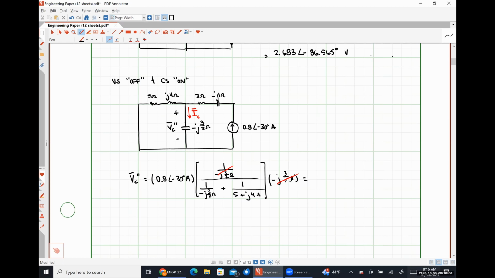I get 1.374 angle negative 107.905 degrees volts.